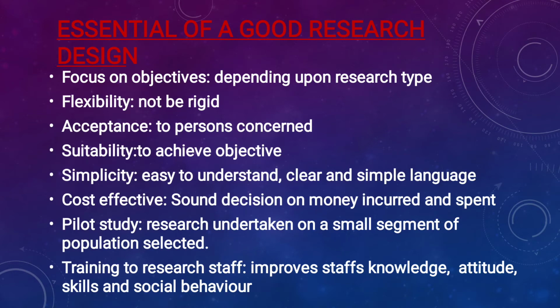Now see, a research design must be acceptable to all people concerned with the research; everybody should accept that. Normally we have commercial research, academic research and social research. In commercial research, all the higher authorities are going to accept the things.